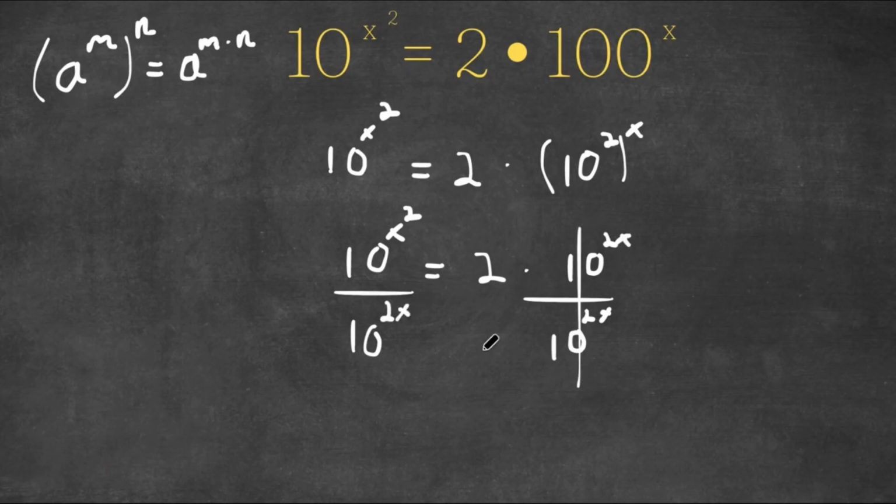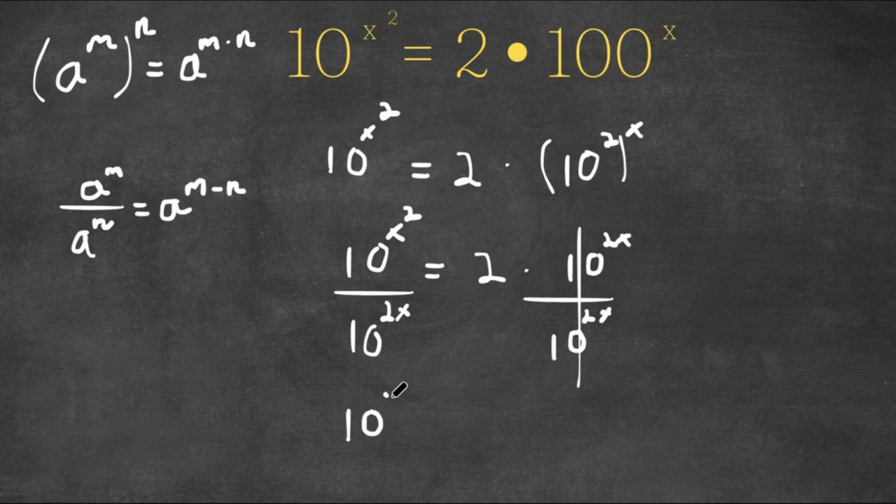Now these two cancel out, and if we have something in the form a to the power of m over a to the power of n, this can be written as a to the power of m minus n. So 10 to the power of x squared over 10 to the power of 2x, this can be written as 10 to the power of x squared minus 2x. And this is equal to 2.